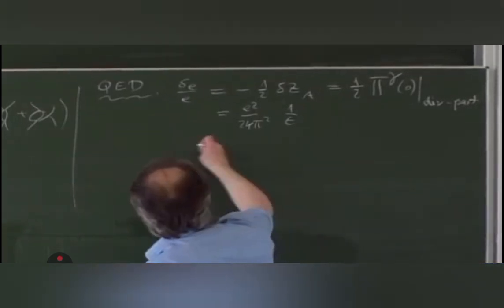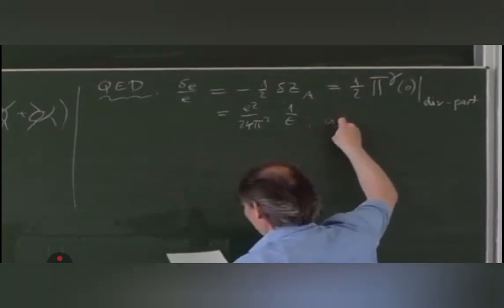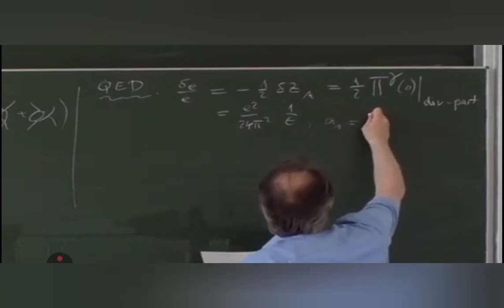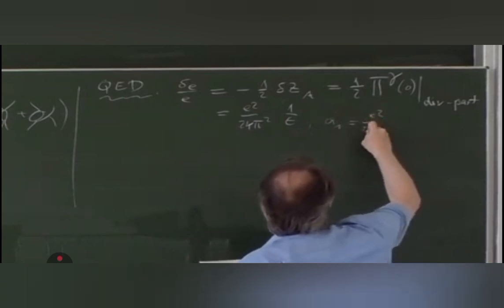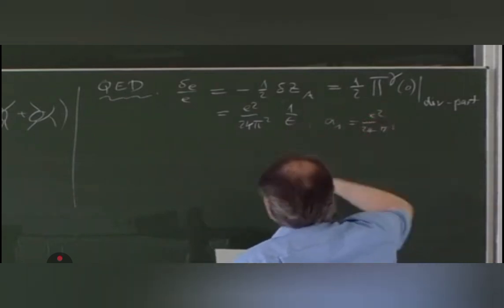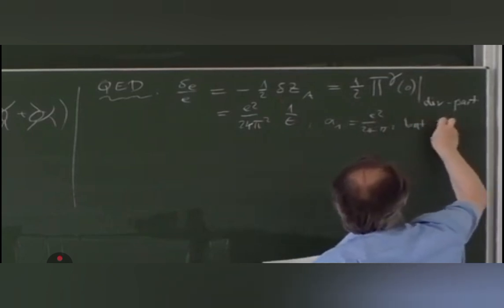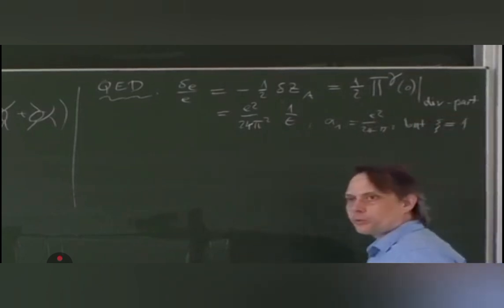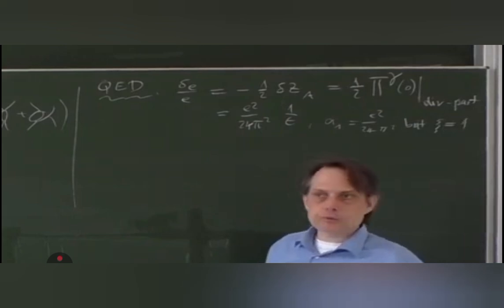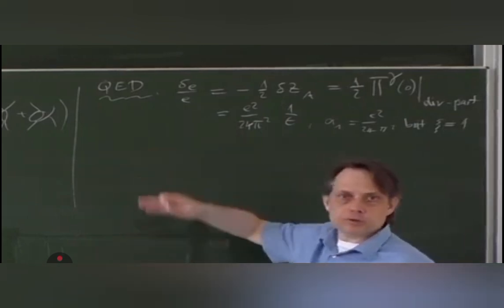Then our A1 is here given by E squared over 24π², the 1 over epsilon coefficient. But in this case, our ψ is 1, as we discussed yesterday in the exercise. So that is this difference in the μ dependence of the bare coupling.